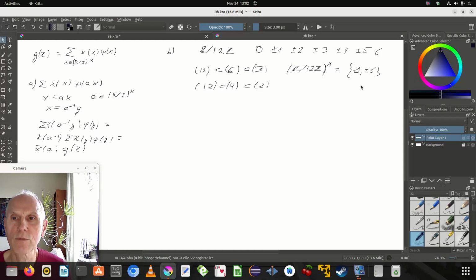So there's only plus minus 1, plus minus 5 left. And the square of each one is 1, the unit element. So this is isomorphic to the Vienna group with 4 elements. So let's write up the possible characters. There's the trivial guy.